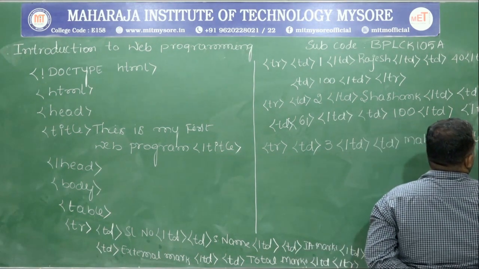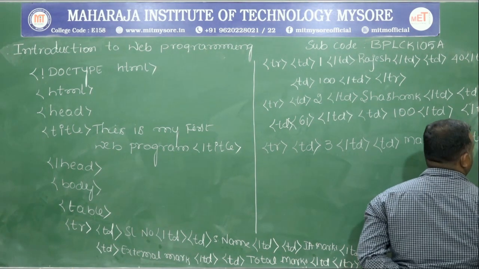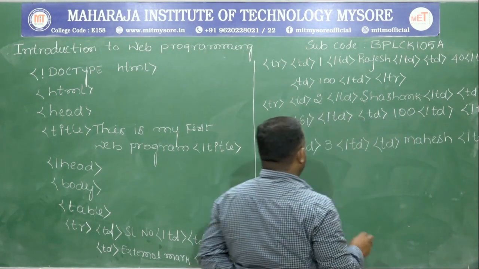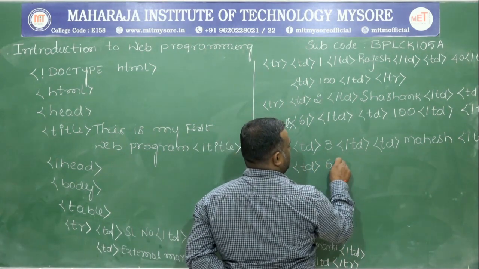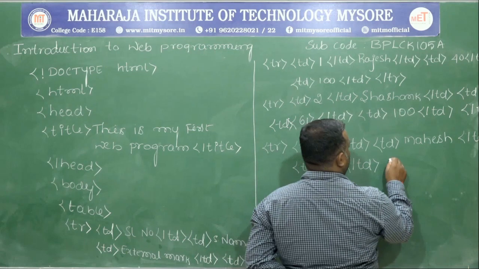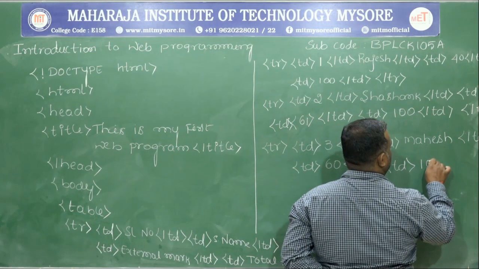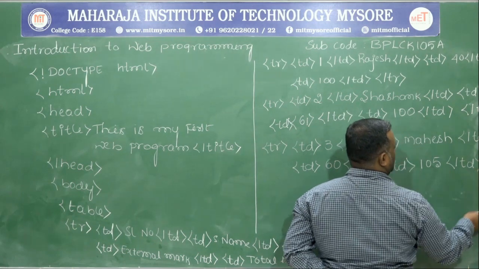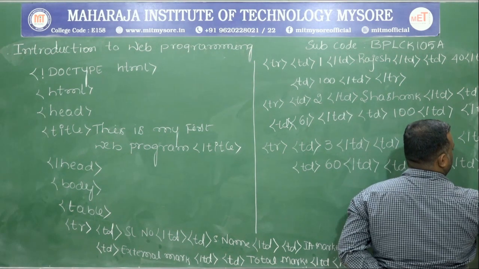The next field is internal marks TD 45, and then end of the internal marks, and then we need to enter the external marks 60, and then end of TD, and total marks 105, end of the total marks and end of the third row.